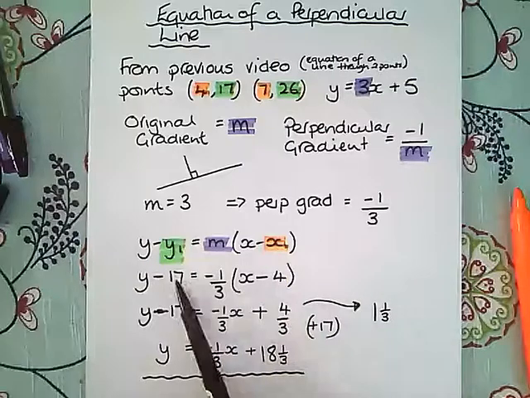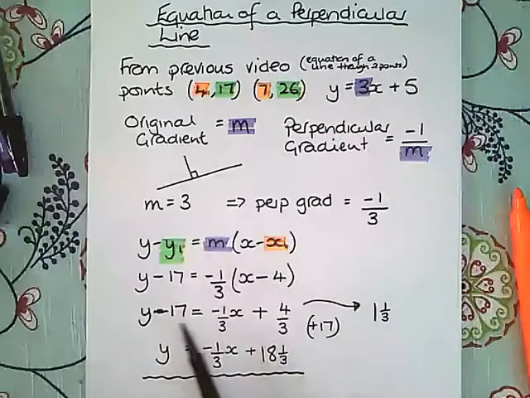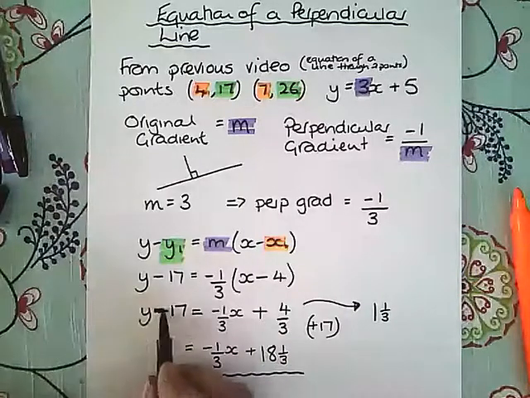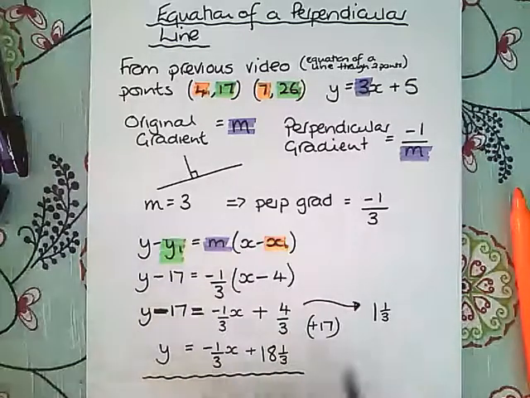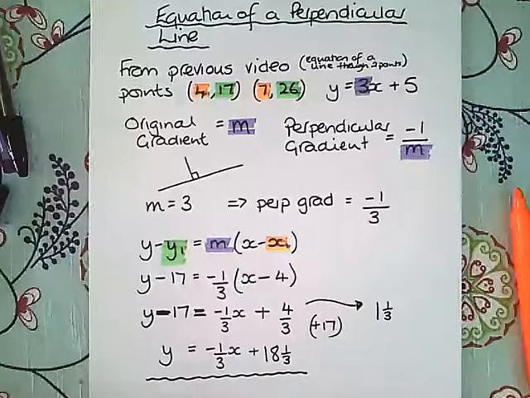Substitute our values in, multiply our brackets out, tidy it up so that we get the final equation of the line perpendicular to our original line. Hope that helps.